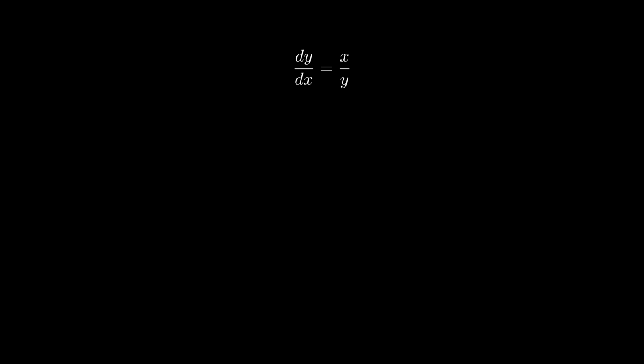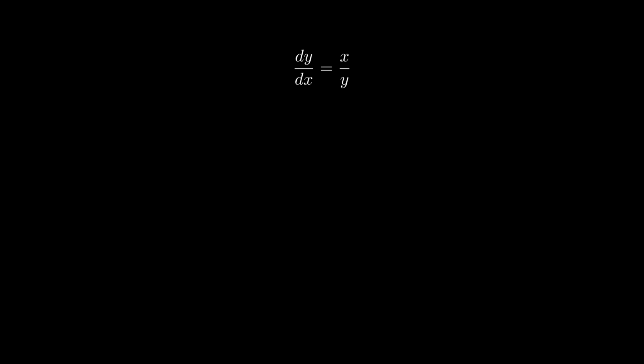So now consider the differential equation dy over dx is equal to x over y. Now we're going to go into some mathematical definitions here. So for this equation dy over dx is equal to x over y, this equation is written in the form p of y times q of x.